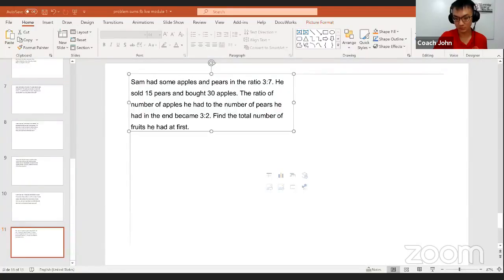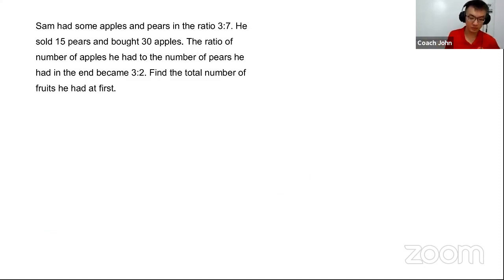Okay, let me do the recording and let me share the slide. For this kind of question, it used to be a primary 6 question, in my opinion. Then later along the way, somehow, I'm not sure why, it slips into P5 papers.